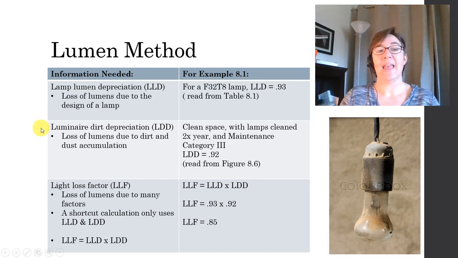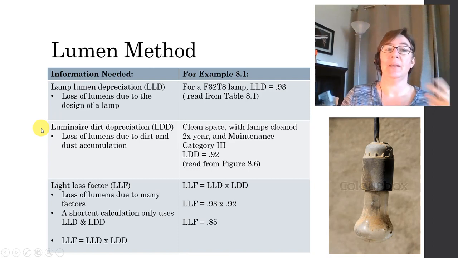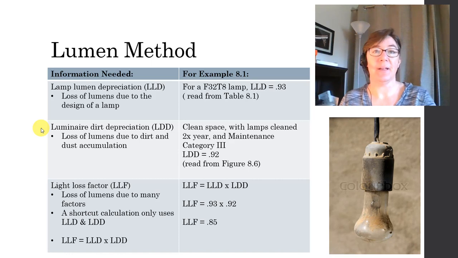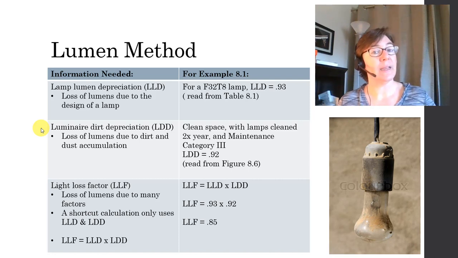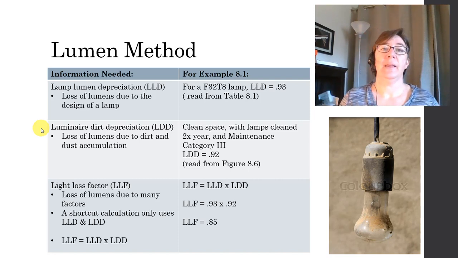Next, let's look at the LDD, which, remember, is the loss of lumens due to dirt and dust. I've got the picture of that very dirty lamp there. And it's given to us that this is a clean space, and the lamps will be cleaned twice a year. And this particular luminaire is in maintenance category 3.